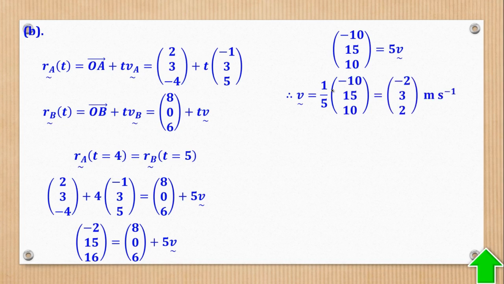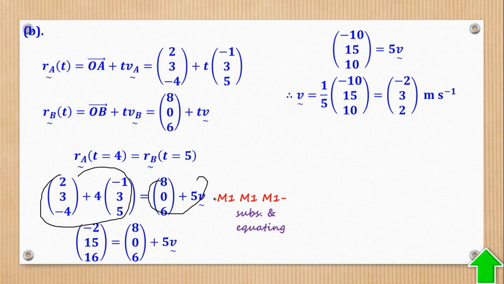And that's what they wanted. So what I meant by speed, if they had asked for speed, you are supposed to continue and get the magnitude. But the good thing, they asked for velocity, so you stop there. So 1 mark was for this correct substitution of time and also correct substitution of time. So this was 1 mark, 1 mark, and the other mark was for equating the two.